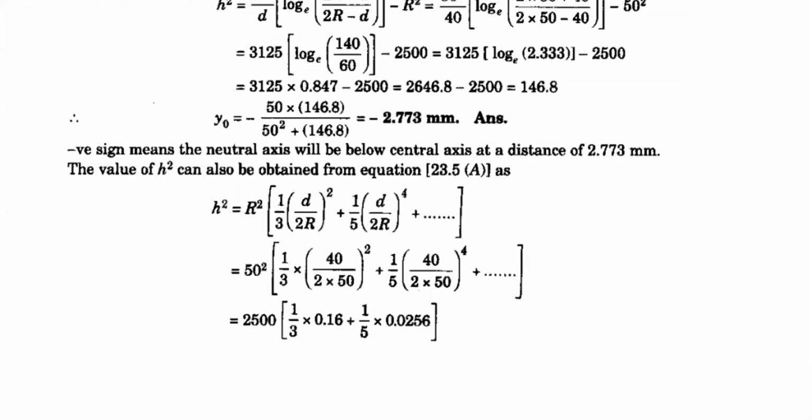If you calculate in a single equation, 3125 into open brackets log of 140 by 60 minus 2500, in a calculator, you will also get the same result, but the decimal values will vary.